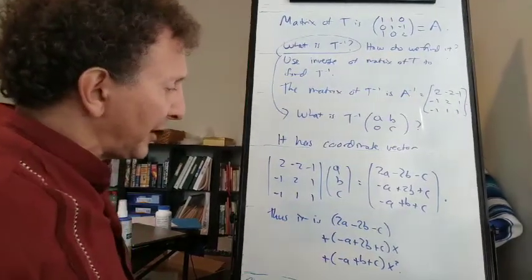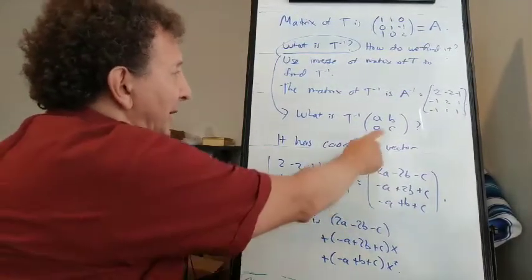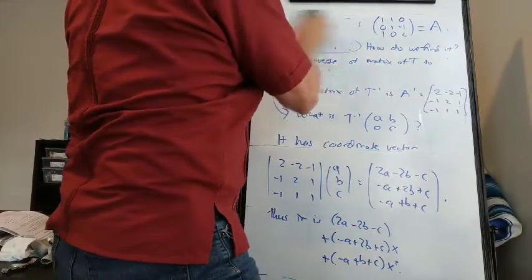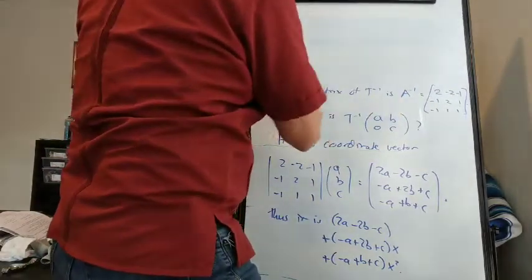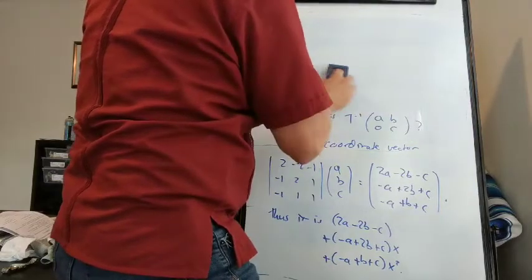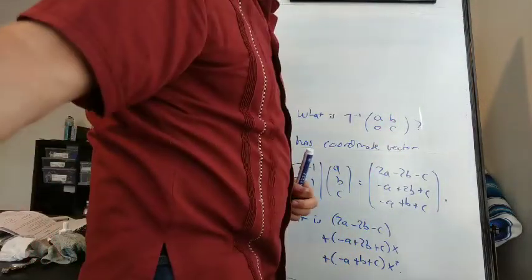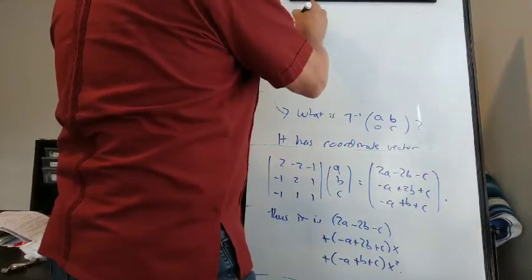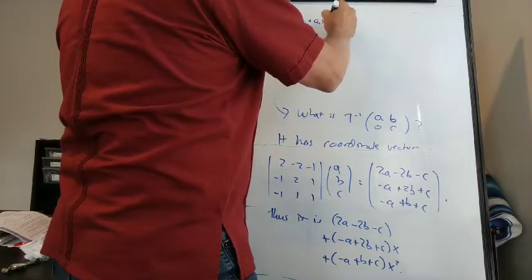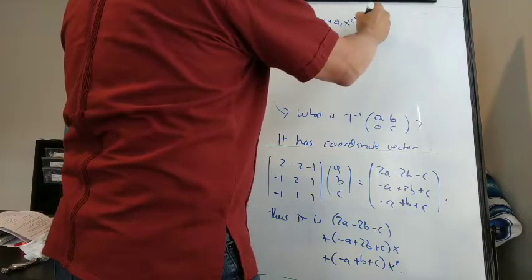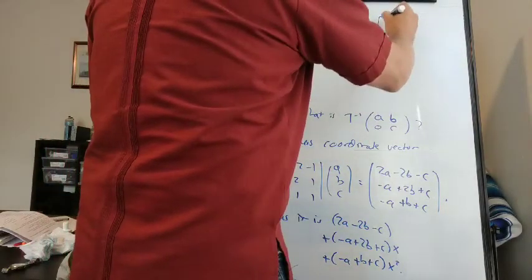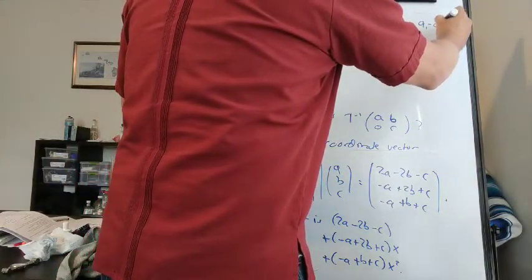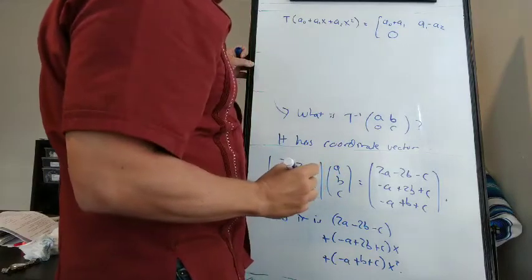Okay, now let's check that if we apply the linear transformation to this polynomial, we actually get this matrix A, B, C above the diagonal. Our linear transformation was T of a0 plus a1 x plus a2 x squared equals the matrix with a0 plus a1 here, then a1 minus a2 there, 0, and a1 plus 2 a2.